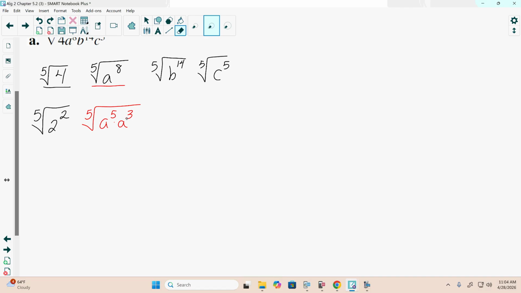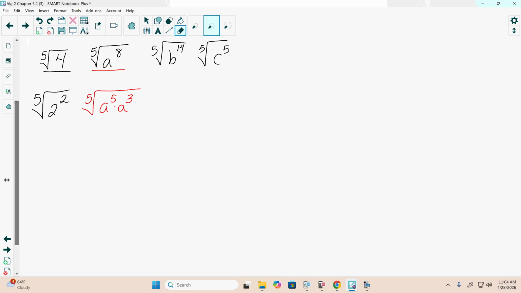So a to the 5th times a to the 3rd would indeed be a to the 8th. Questions on this here? How many groups of 5 a's can we take out? 1, because we only have one a to the 5th. So it would come outside. But the a to the 3rd would have to stay inside because we do not have enough a terms. Questions on a before we move to b?